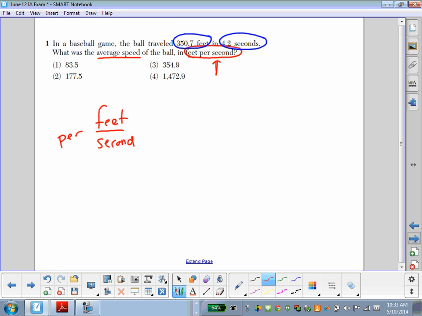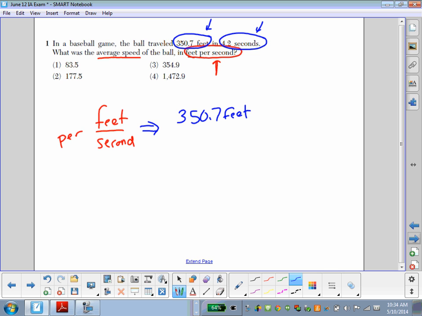Okay, so if we look at our information here, I'm going to use the units here and here to help me fill in my ratio. So feet is on top, so I'm going to write 350.7 feet.